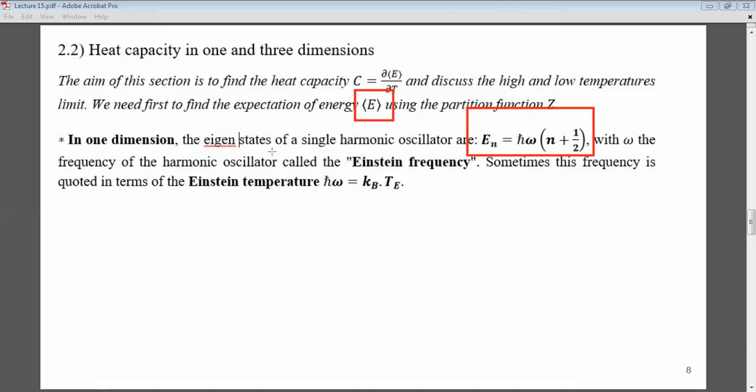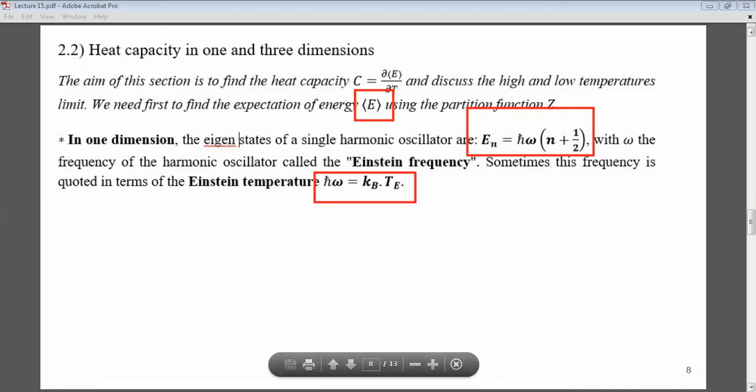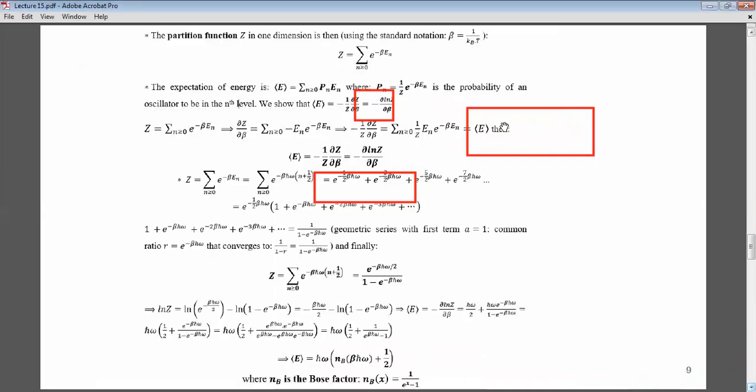So remember that we will be dealing as if each atom is an independent harmonic oscillator with common frequency. So we will say that omega is fixed for all atoms. Sometimes this frequency is quoted as the Einstein temperature, which is h bar omega equals kB TE. Okay, that is kB times the Einstein temperature.